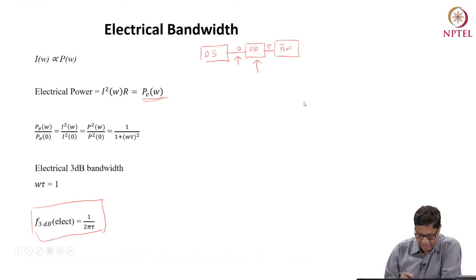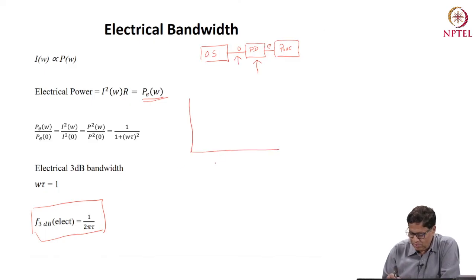Just to explain, if I plot this, this is your omega, and this is how the power is falling with rising omega. Let me write it in terms of current, because that is the quantity which is common. So let me plot this as I(omega) by I(0).